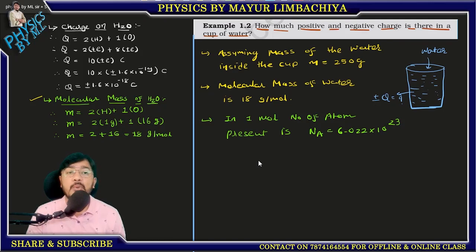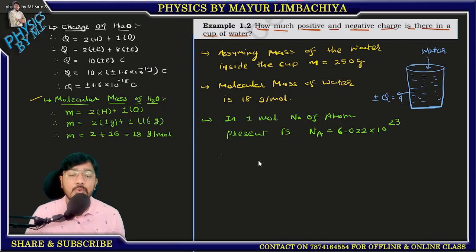So this is the Avogadro number. Now if we use this information, we can easily solve the problem. So dear student, can I use the rule of 3? Yes, I can use the rule of 3 to solve this problem.